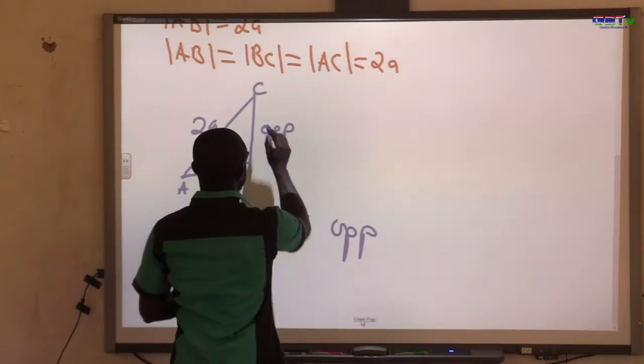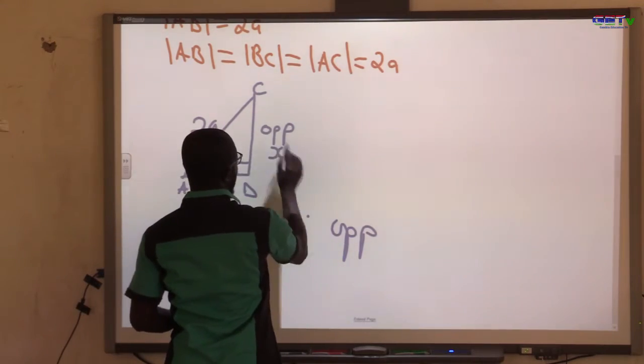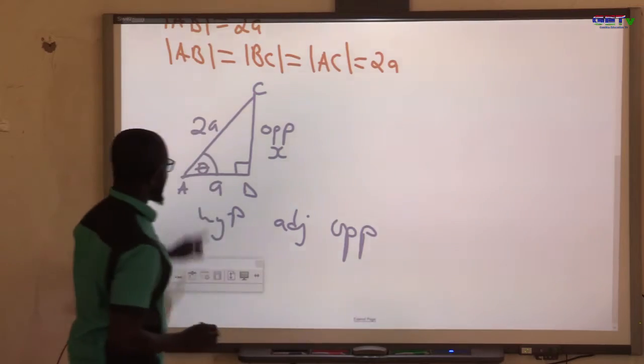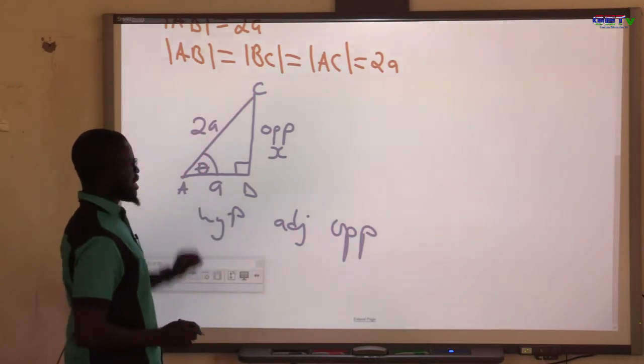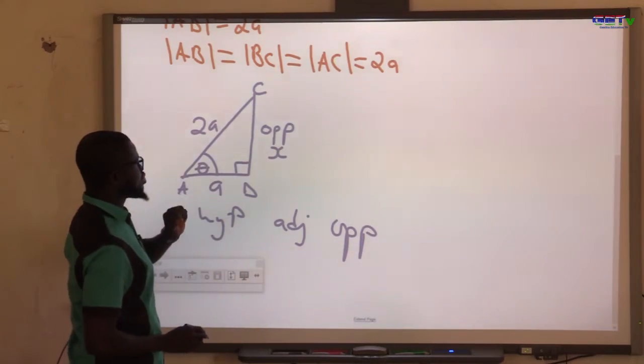Let's move on. So assuming the opposite is labeled X, and this side is already known as A, that other side is known as 2A.